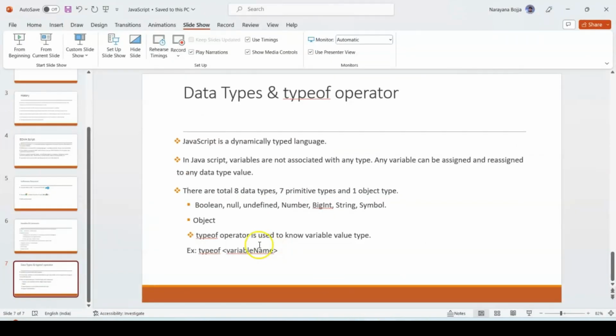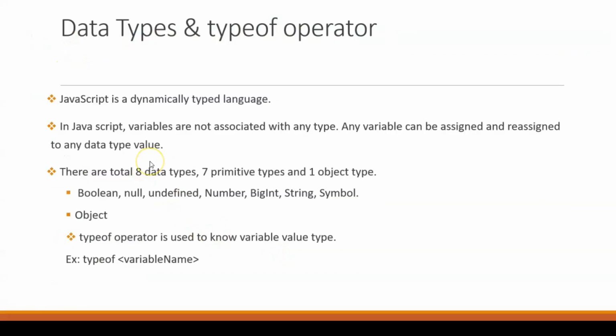So these are all the different data types we have learned. To summarize, a variable in JavaScript is not associated with any data type, and there are 8 data types: 7 primitive types, boolean, null, undefined, number, BigInt, string and symbol, and the object type.